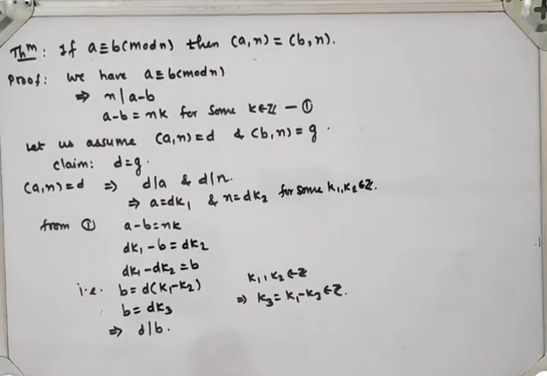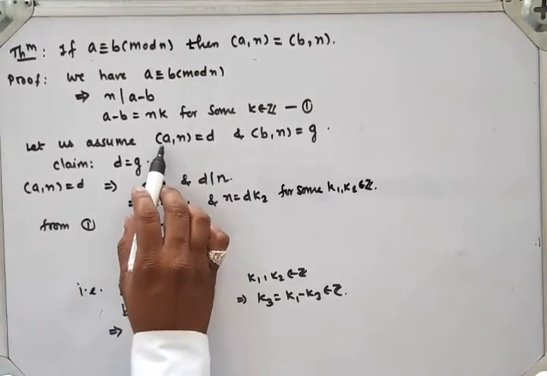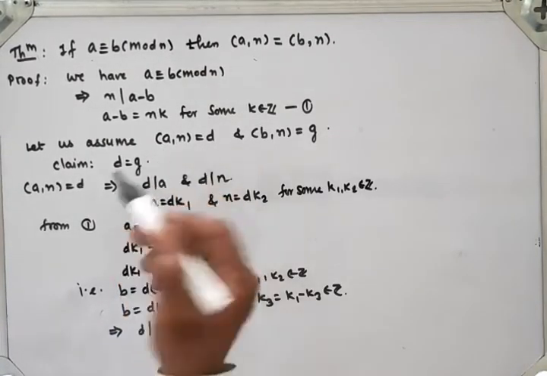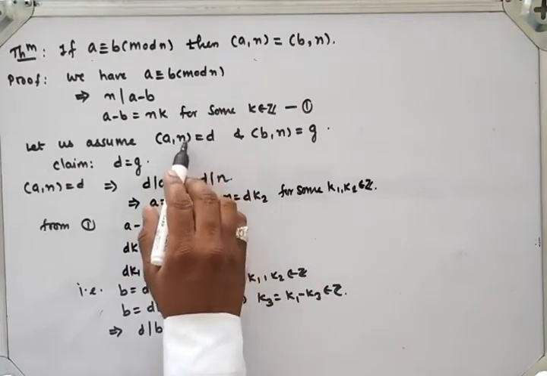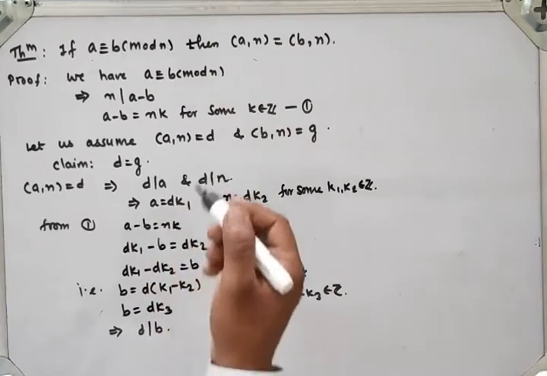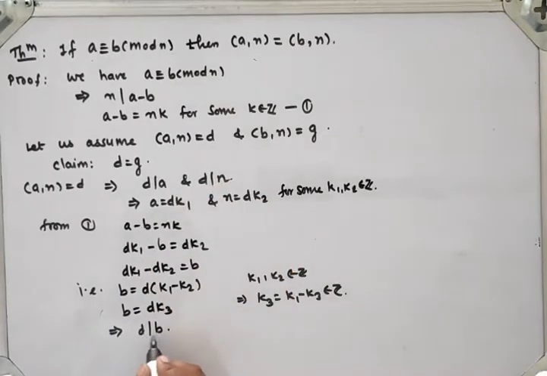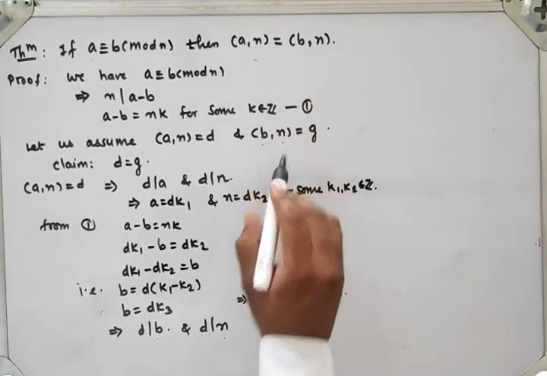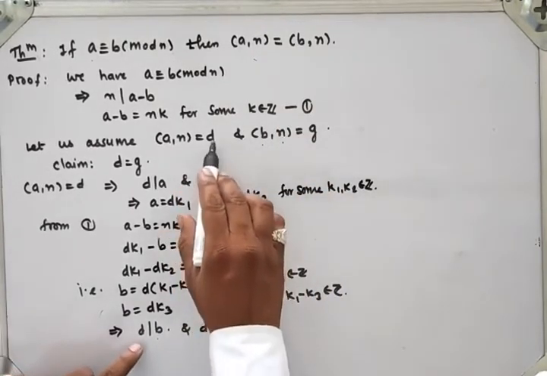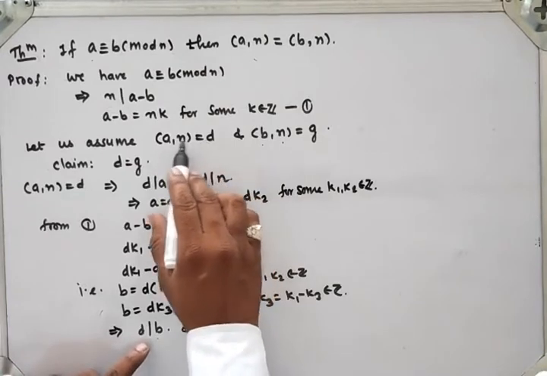Since d is the GCD of a and n, d divides a and d divides n.